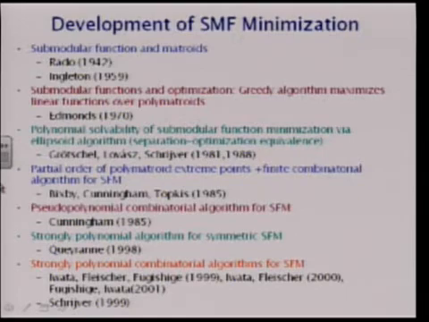And then later, I think this groundbreaking paper talked about polynomial solvability of submodular function minimization via the so-called ellipsoid algorithm. I think if you recall, when we talked about solving linear programs via simplex, the complexity can be exponential in the worst case.